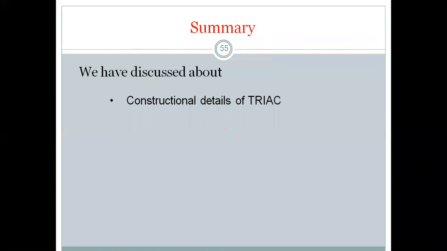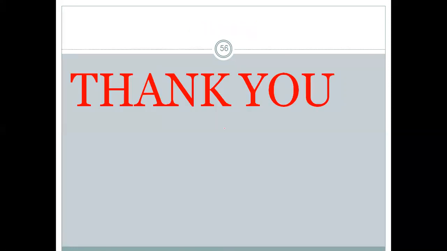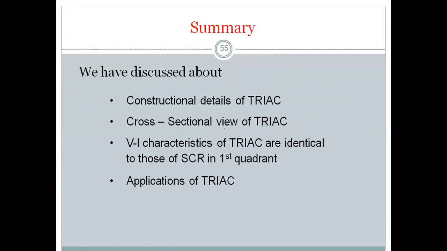Till now we have studied the constructional details of TRIAC, cross-sectional view of the TRIAC, VI characteristics in first quadrant, and applications of TRIACs.